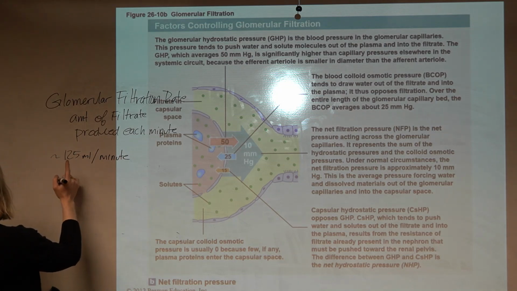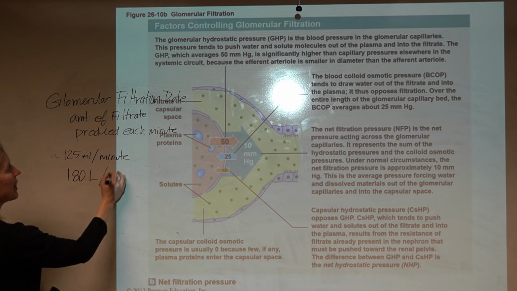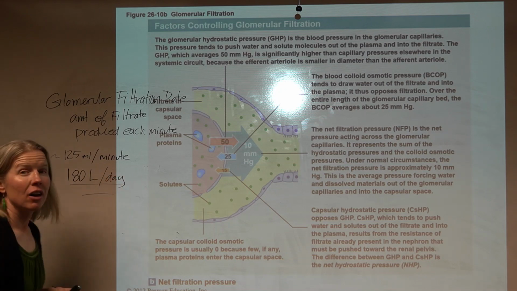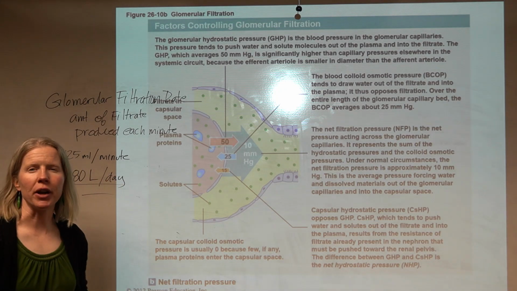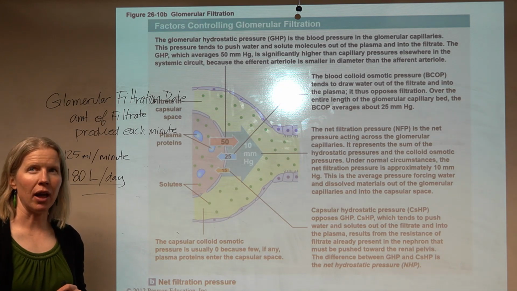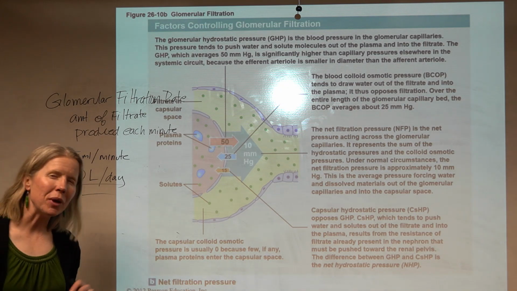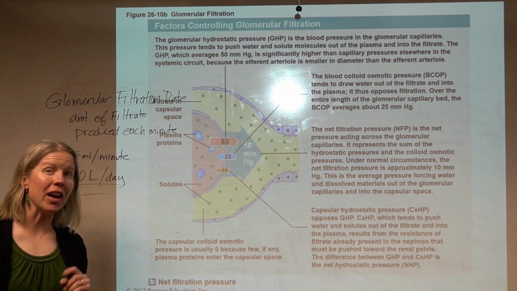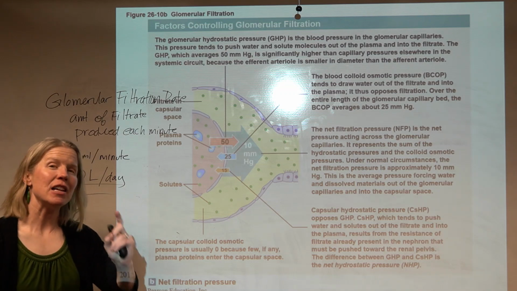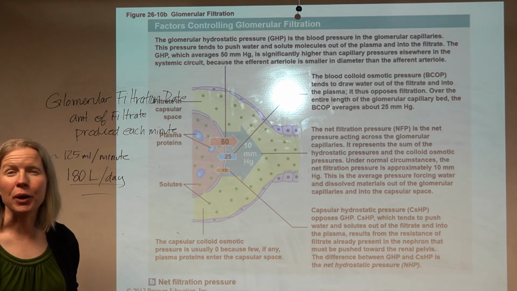And if you do the math, in a day, you would make about 180 liters of filtrate a day. Think about that. Do you pee 180 liters a day? No, you do not. And so that should tell you that we actually reabsorb most of that.